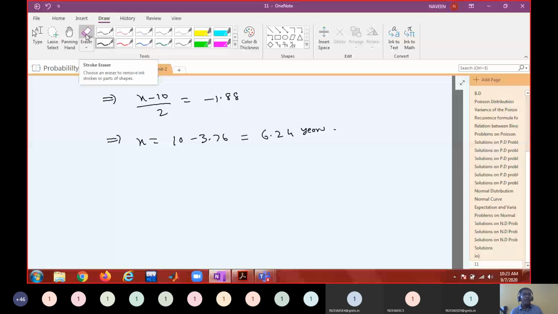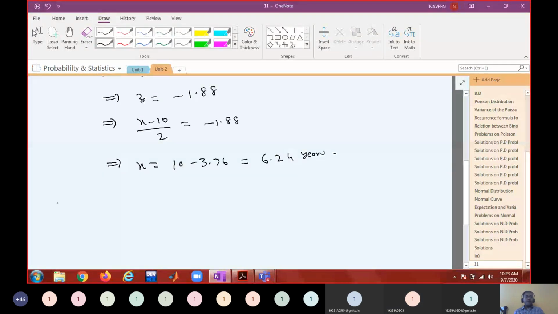Okay. So how many years of guarantee can he give, so that he could replace only 3% of the products, which need to fail within the guarantee? 6.24 years. Therefore the manufacturer can give a guarantee period of 6.24 years.